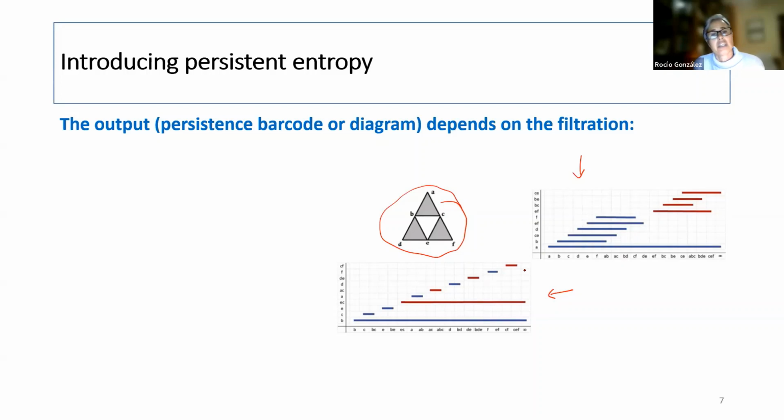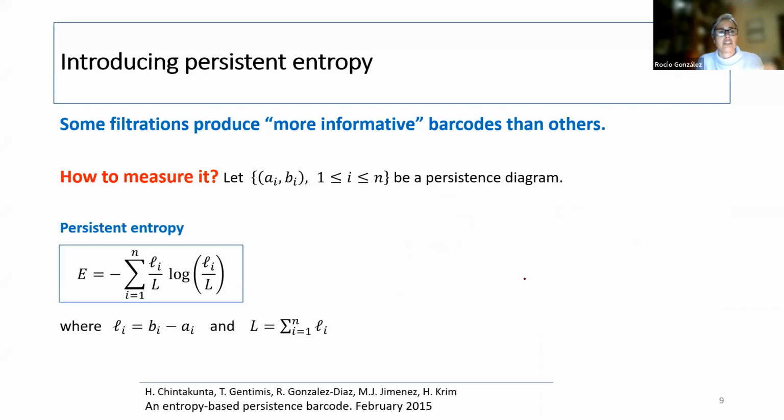And to measure this, we define the persistent entropy. So given a persistent diagram, the persistent entropy is the Shannon entropy of the probability distribution obtained from the length of the bars in the barcode, or the difference of the X and Y in the points in the persistent diagram.